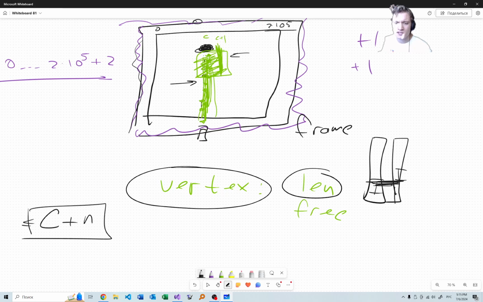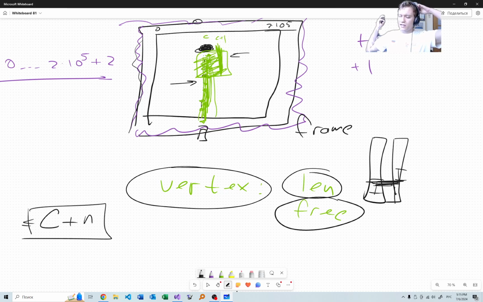For each vertex you have its length and you have the fact that it is free or not. For some vertices which are adjacent to the frame, it's obvious that they are free. If one of the endpoints of a vertex is a frame, for example this one, then this vertex is automatically free.